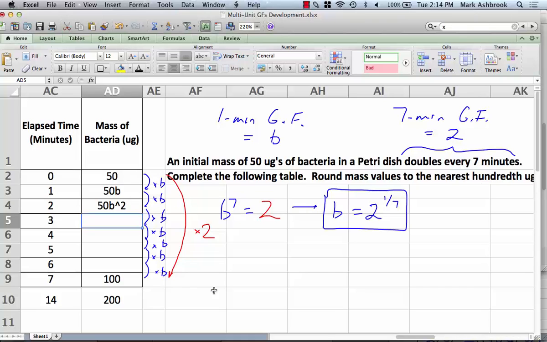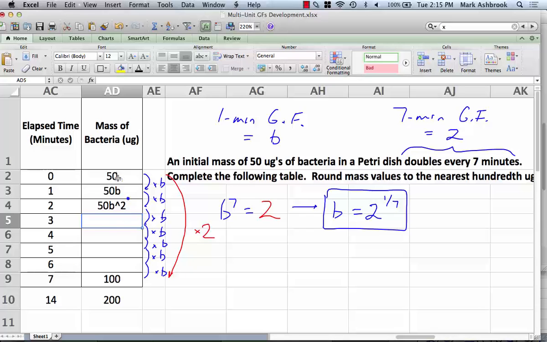I'm confused about B to the 7 equals 2. Doesn't it equal 100? Then how come it equals 2? What is B? It's the 1-minute growth factor, right? So that's the multiplier on the output to get the next output. So I'm showing you that if you kept multiplying by B 7 times, that would advance you 7 units of input.